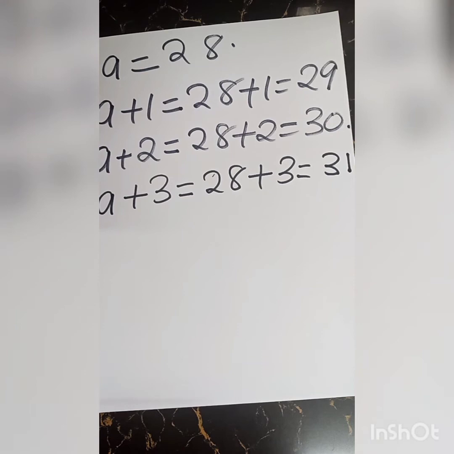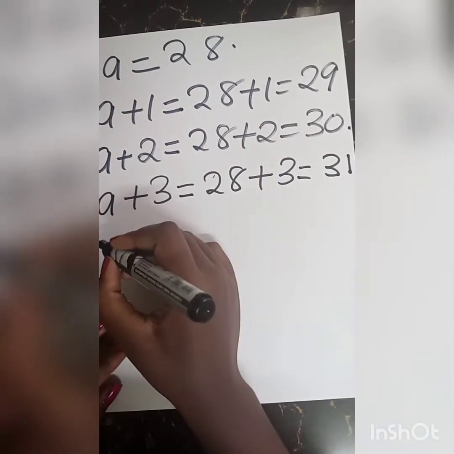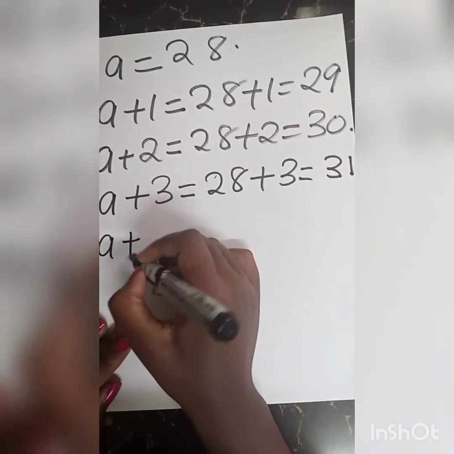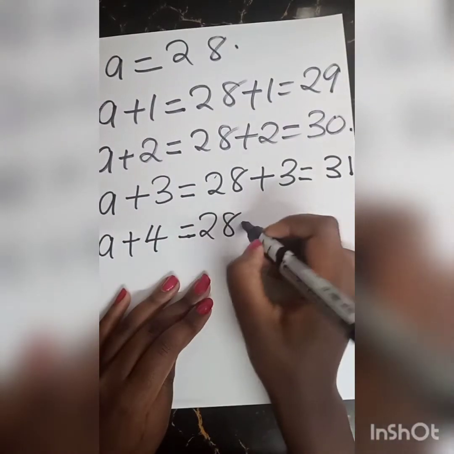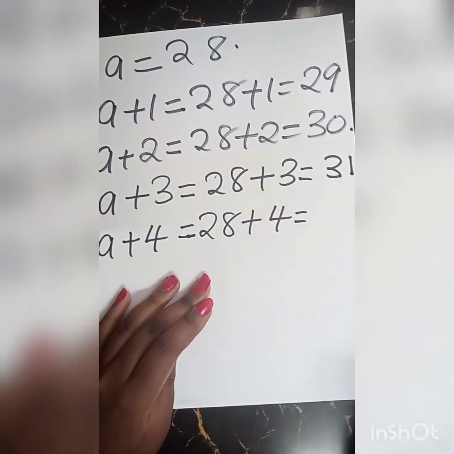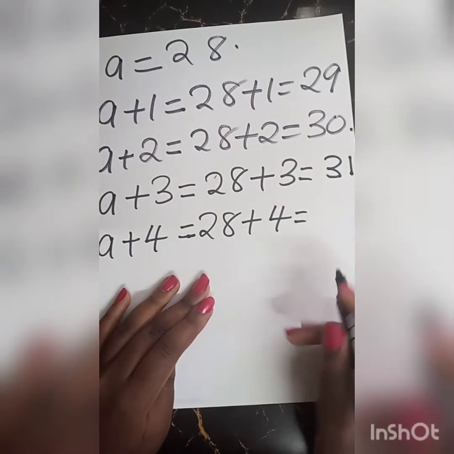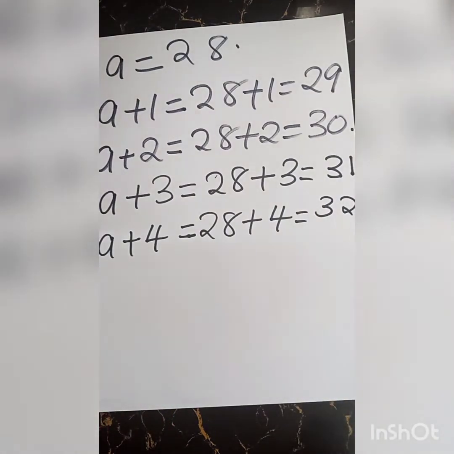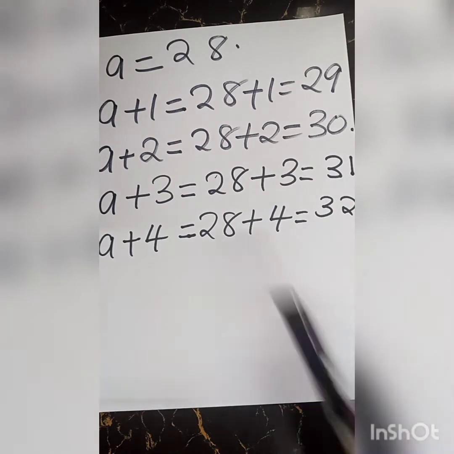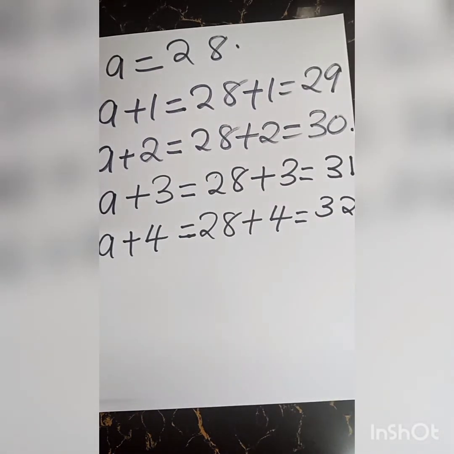And last but not least, our last number, which is A plus 4, will be 28 plus 4. What is 28 plus 4? 28 plus 4 is 32. Okay? And just like that, our last number will be 32.